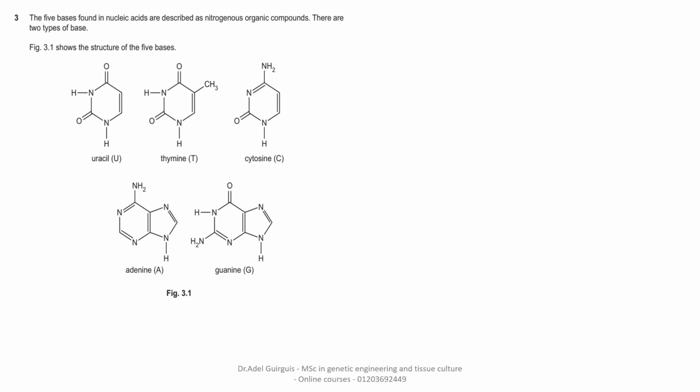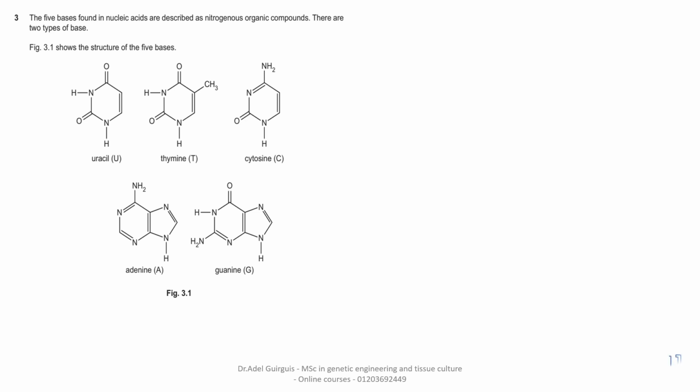Question number 3. The 5 bases found in nucleic acids are described as nitrogenous organic compounds. There are 2 types of base. Figure 3.1 shows the structure of the 5 bases: uracil, thymine, cytosine, adenine, guanine.